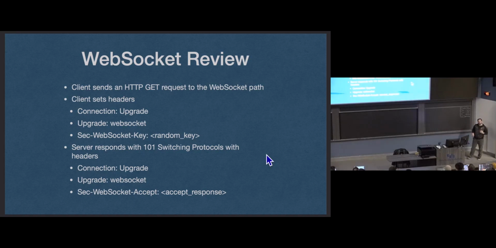So with WebSockets, the clients send a request to your WebSocket path with the headers connection, upgrade WebSocket, uppercase U, lowercase w, not a typo, and secure WebSocket key, which is some random value. And then you're going to respond with a 101 switching protocols with the same 2 first headers, but your WebSocket accept is going to be this accept response.